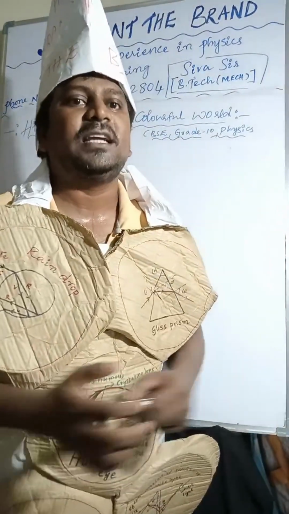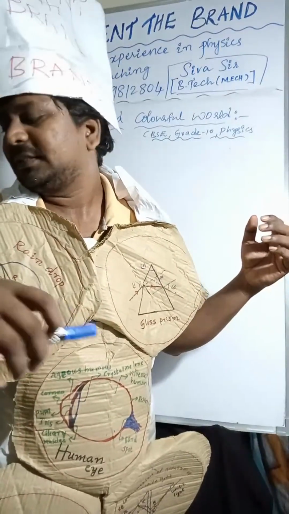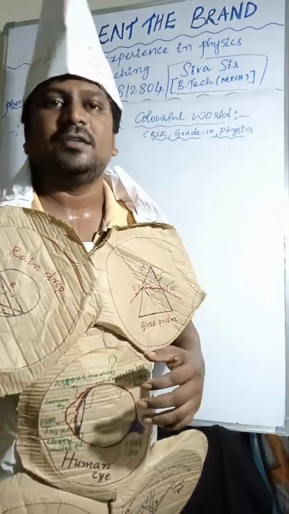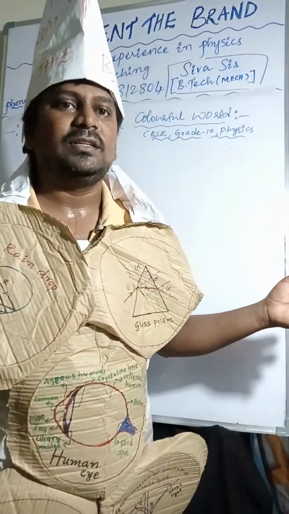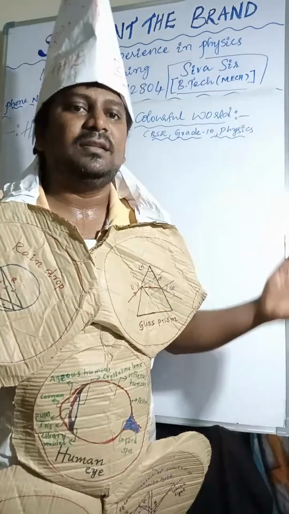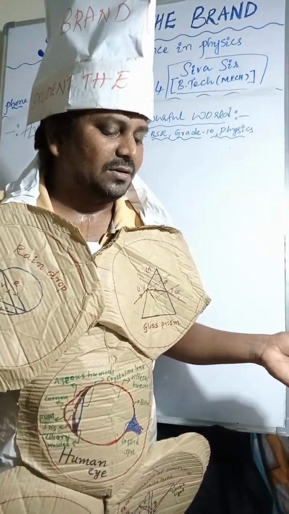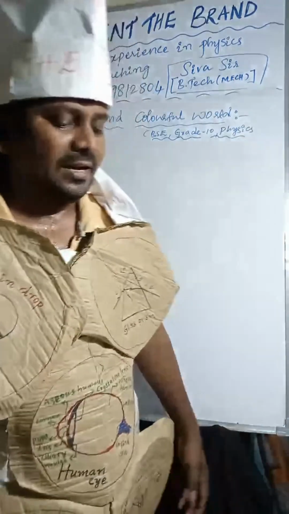Now I will draw the human eye part. Completely we have to discuss the human eye: how to draw the diagram, and its parts and functions.